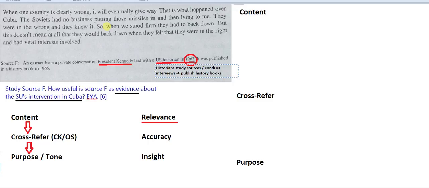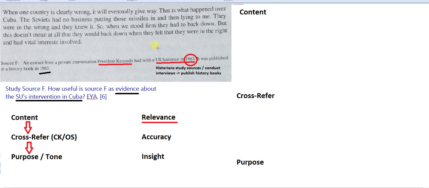So when Kennedy had this conversation with this U.S. historian, chances are he expected it to have some sort of impact on a particular book that this historian was going to publish later on, and he eventually did that in 1965, which is important because Kennedy died in November 1963.